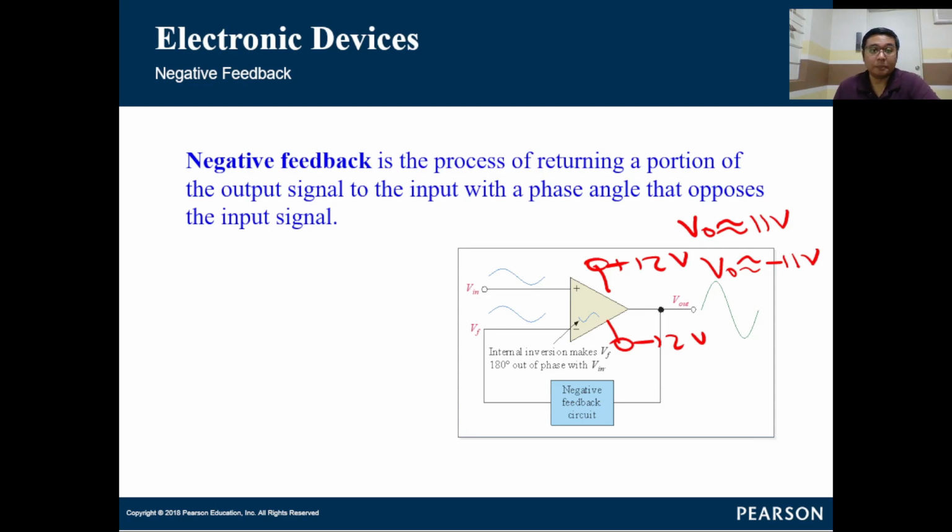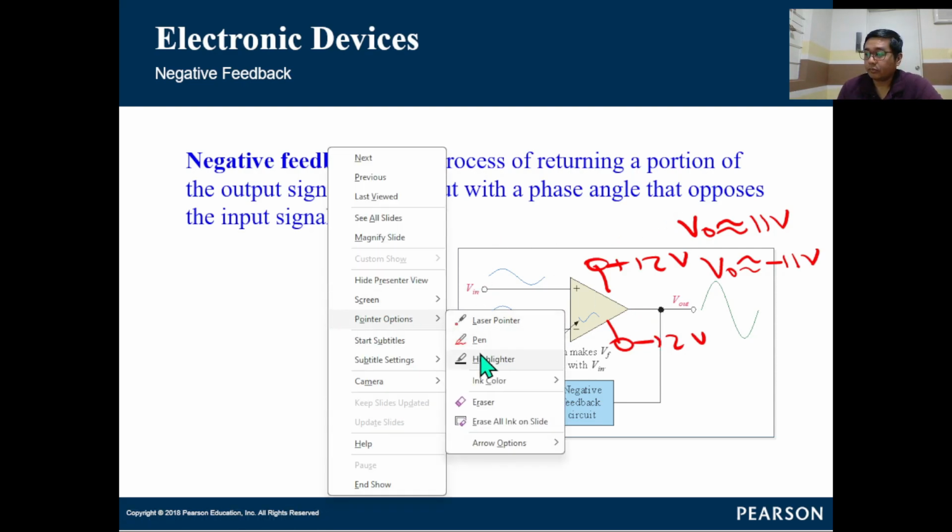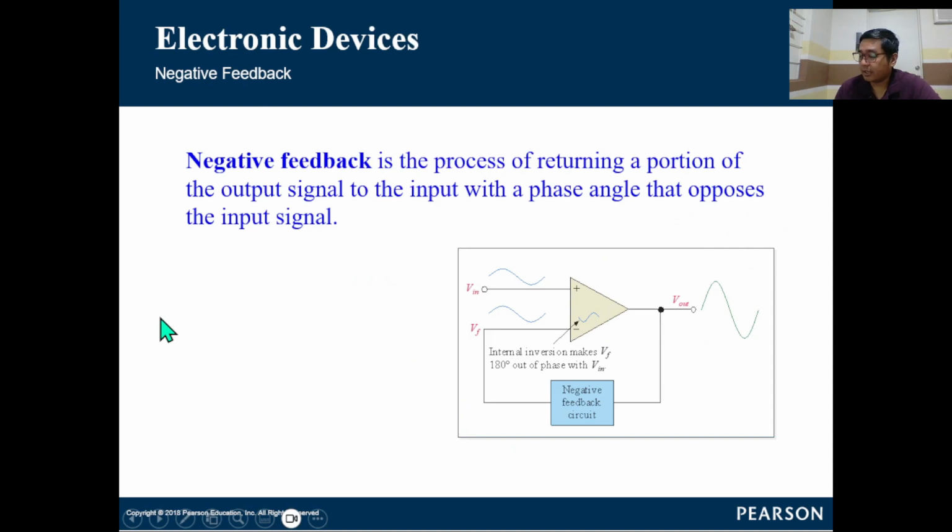is in open loop. So what if we incorporated or connected a feedback element from the output papunta sa inverting input ng ating op-amp, or yung tinatawag na minus input? In this case, in our diagram, the output is fed back via a negative feedback circuit pabalik dun sa ating inverting input ng ating op-amp.